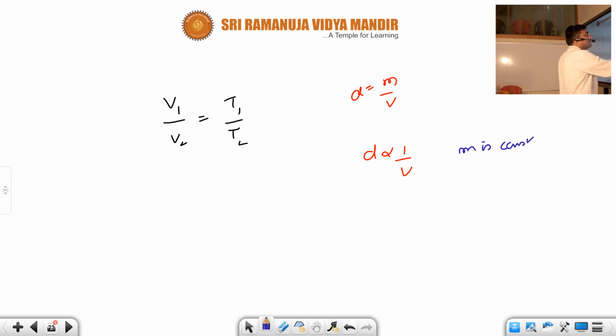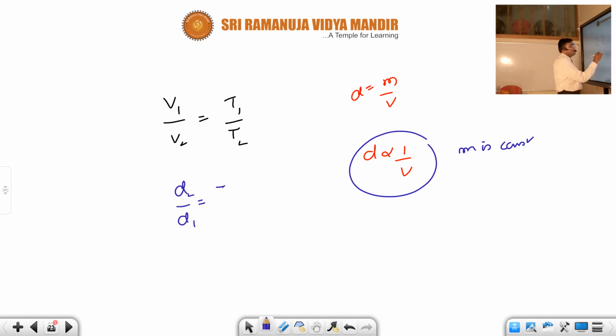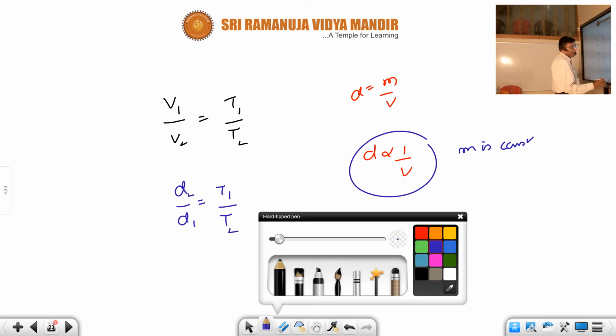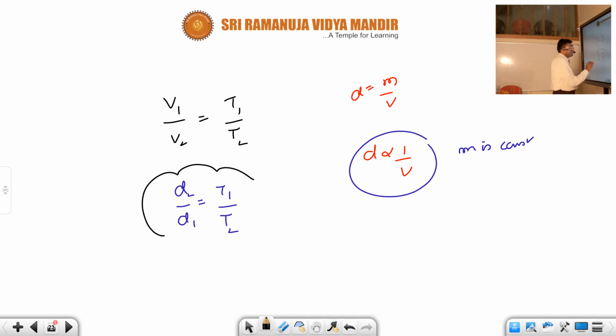So density is inversely proportional to volume. I can write here D2 by D1 is equal to T1 by T2. So it's a very, very important conclusion. So you can use it in the numericals.